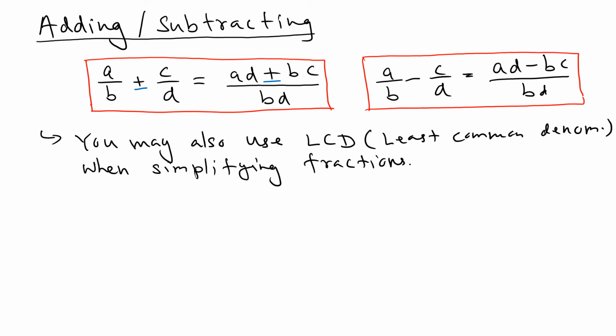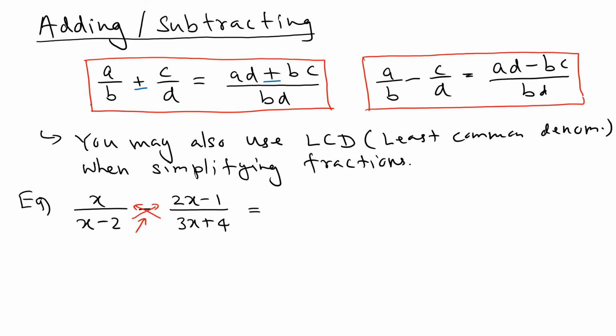So let's look at one example. Let's say we have x over x minus 2 minus 2x minus 1 divided by 3x plus 4. So this is a subtraction problem, so we can use the second version. What we're going to do is multiply like a cross. We're going to multiply these two and multiply those two.